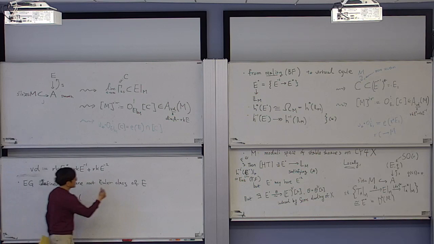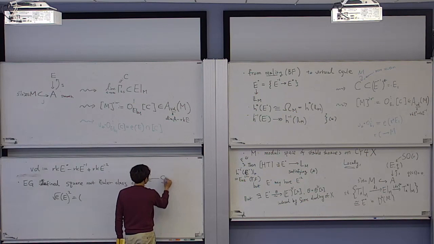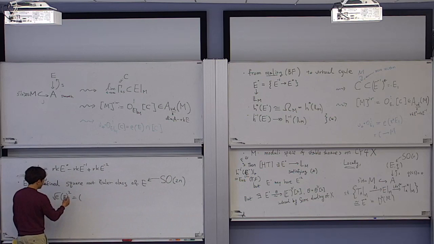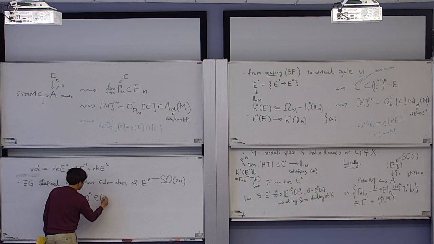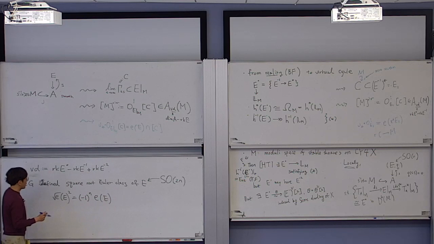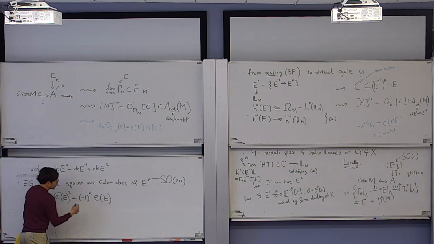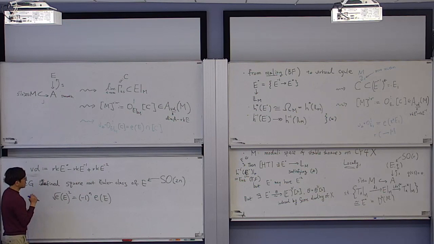This is a special orthogonal bundle of rank 2n. Then Edidin-Graham defined this Euler characteristic class whose square is this Euler class up to sign.